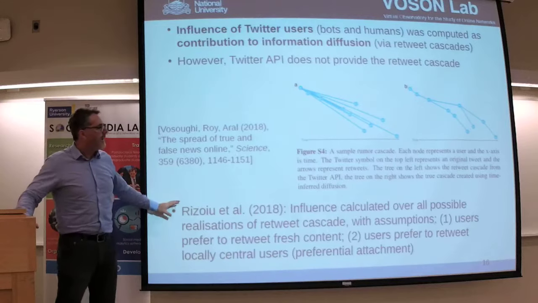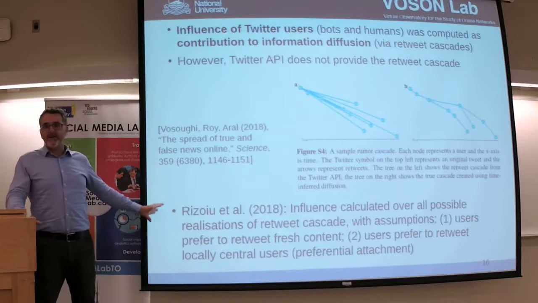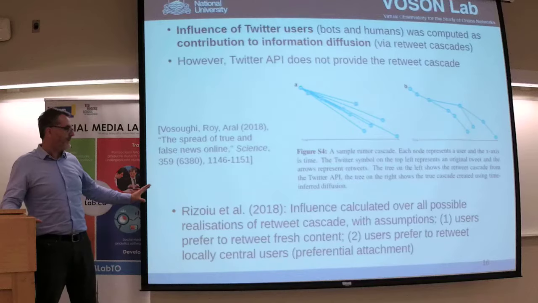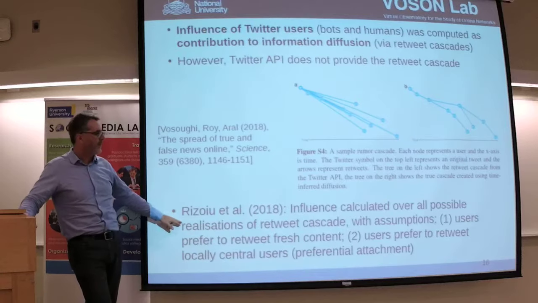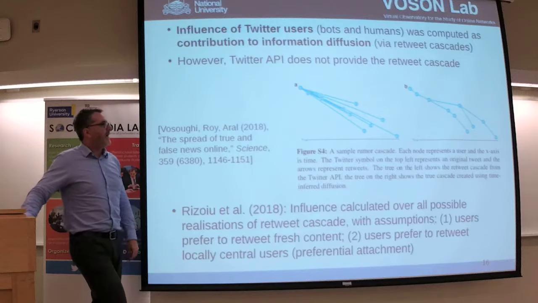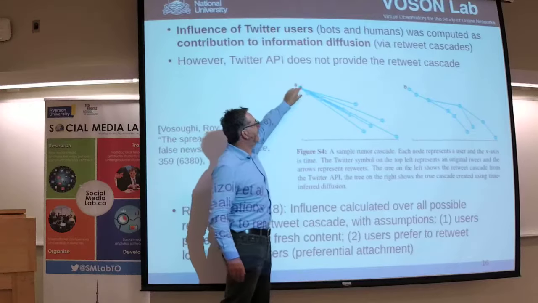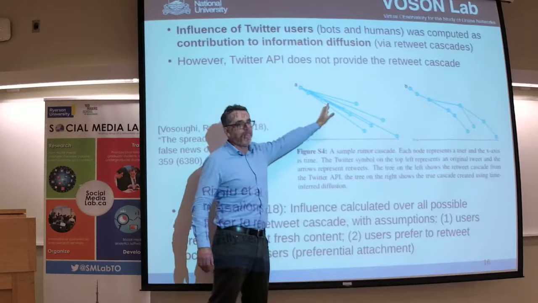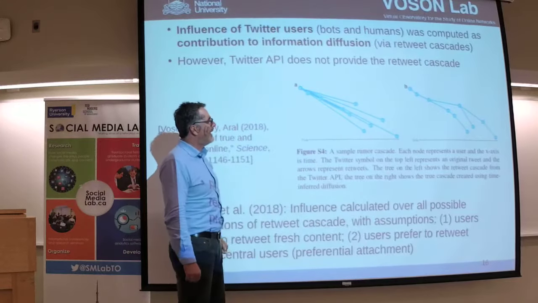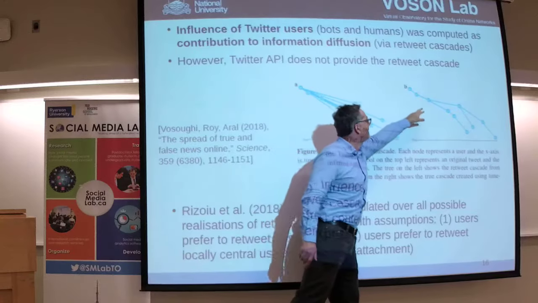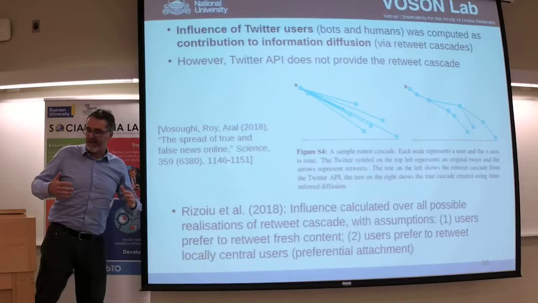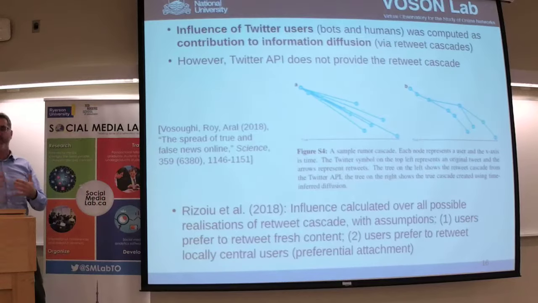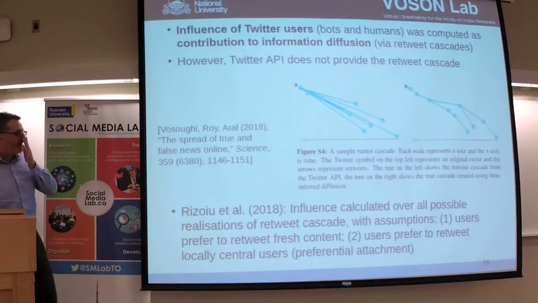I won't go into the details, but the approach involves calculating influence over all of the possible realizations of retweet cascades. So all of the cascades that could have led to this time pattern of retweeting. This is one possible realization, but there are others. So essentially it's a distribution of potential retweet cascades.